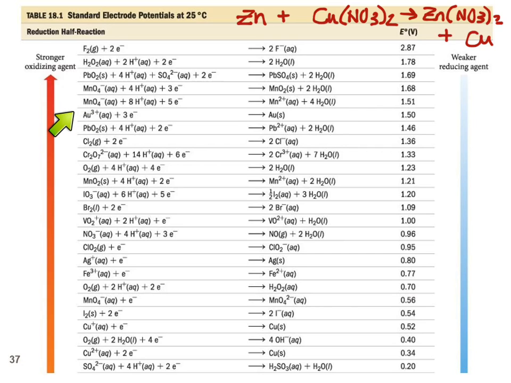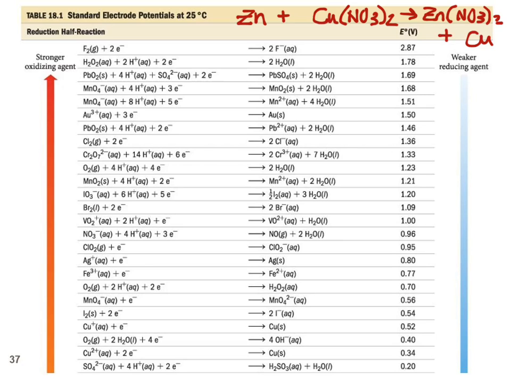Something up here is going to do what it wants, do it as written, and it's going to make anything else go backwards. So this is the list of who's stronger. You could think of it that way. So fluorine is the strongest. Fluorine can make any of these reactions go backwards. That's kind of cool. It is weird to think that.